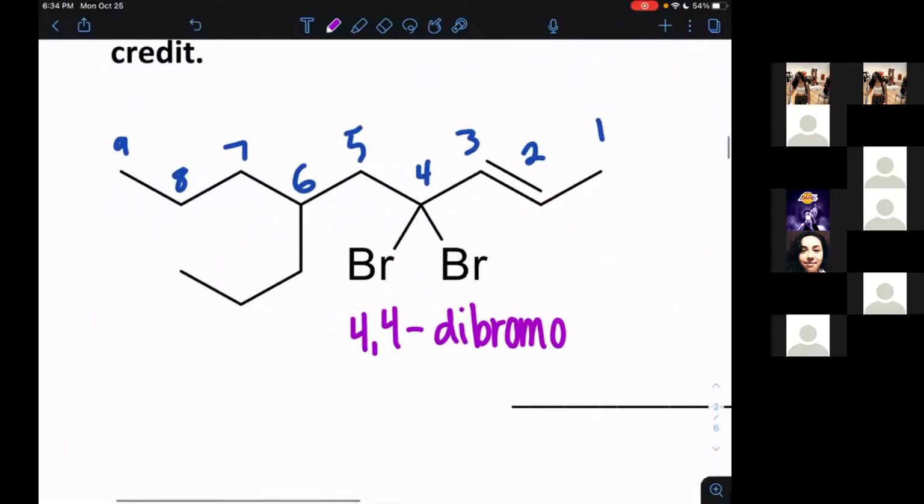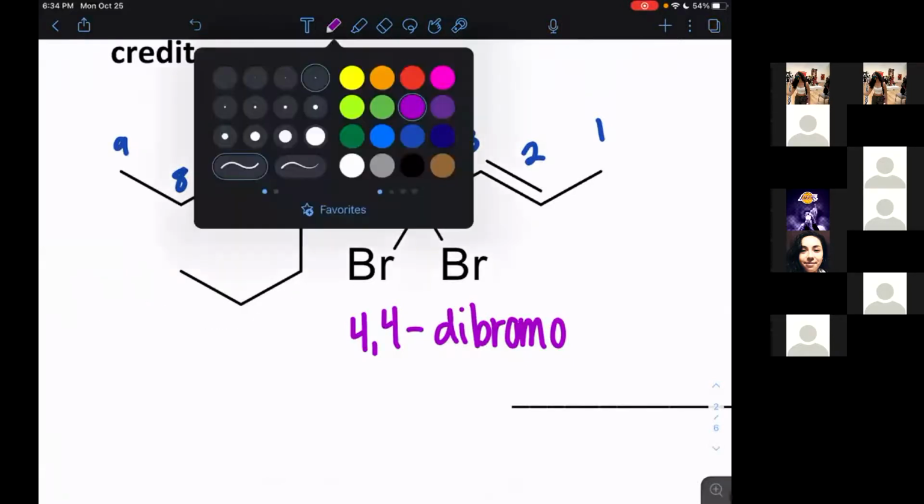And then we also have this one. I forgot what this was last time too. Methyl, ethyl, and then propyl. Was it in a different color? Nope. Okay.